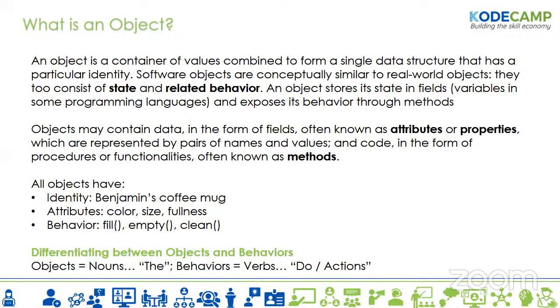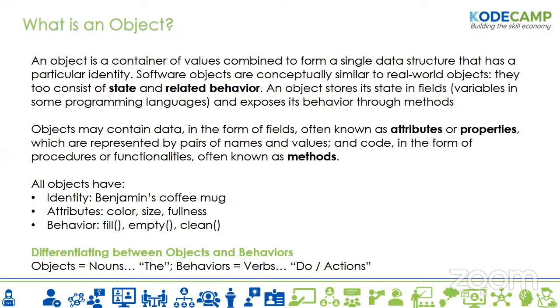Then when we talk about behavior, we are talking about the functionalities or procedures, or what it does. So if you want to differentiate between an object, an attribute, and a behavior, what do you use? You consider objects as nouns.